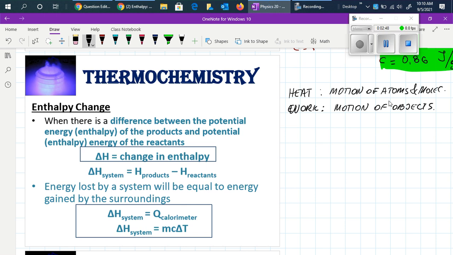This kind of principle, which we use especially on energy and work, is known as a state function, which means that it doesn't matter what is happening in between, but what is important is the starting state and the ending state.